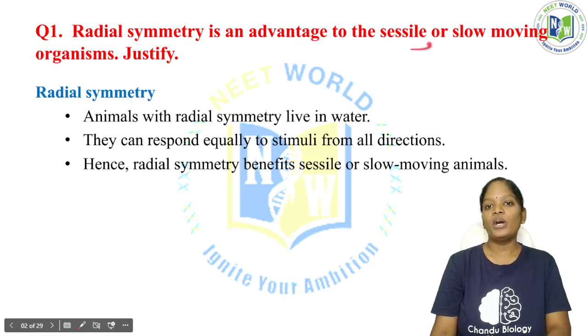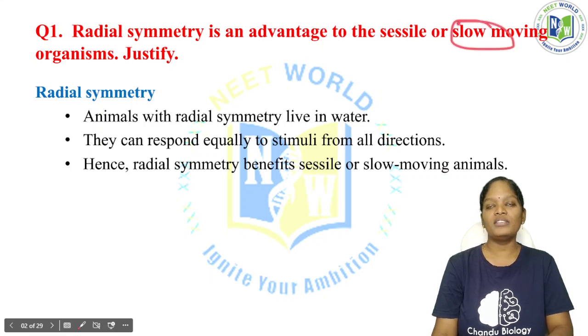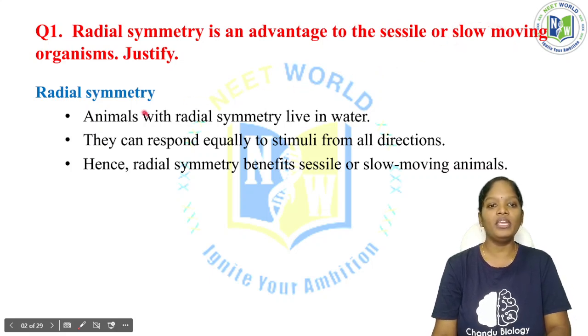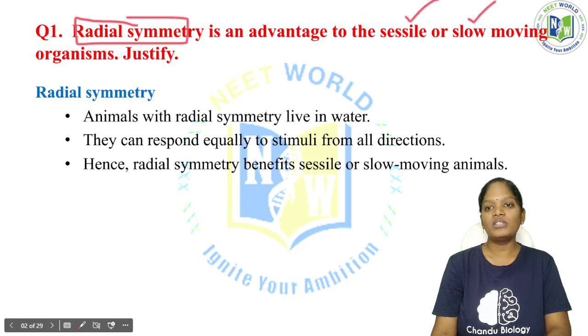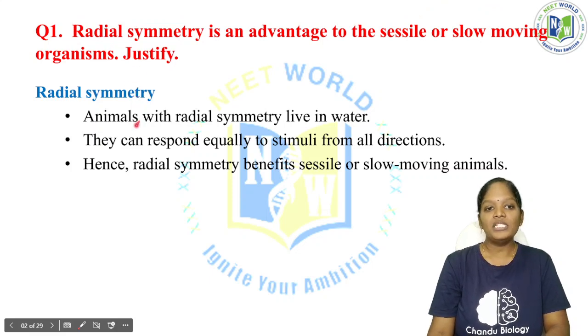Okay, so sessile means non-moving, sedentary. Slow moving means it will be a slow moving organism. See here, for sessile animals or slow moving organisms, radial symmetry is considered an advantage. Why? Animals with radial symmetry live in water, no doubt about that.